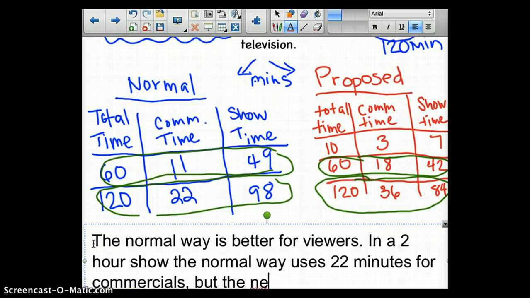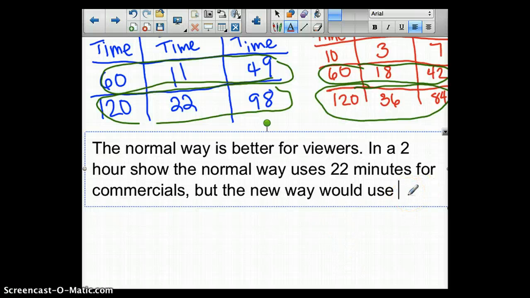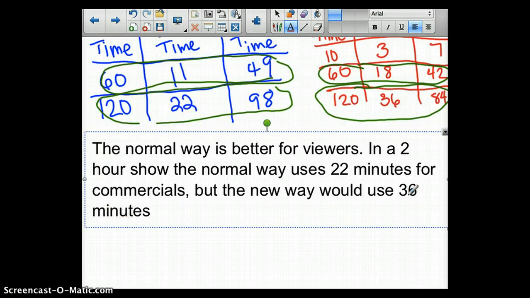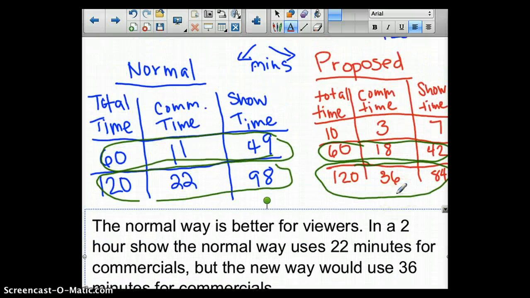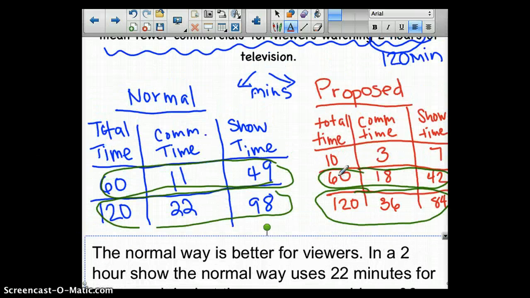But the new way would use 36 minutes for commercials. Okay, so we made a statement on why that is the case. Remember, 120 is 2 hours, 60 minutes is 1 hour.